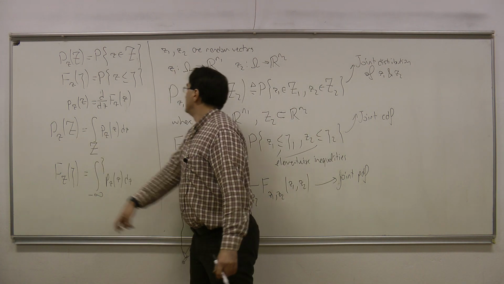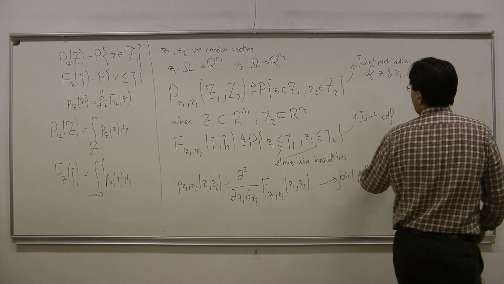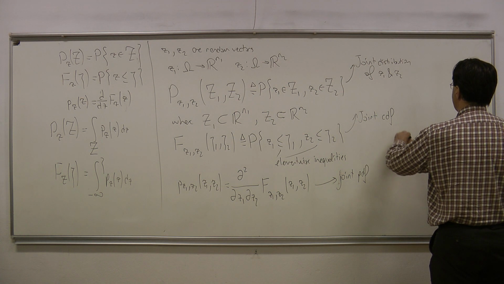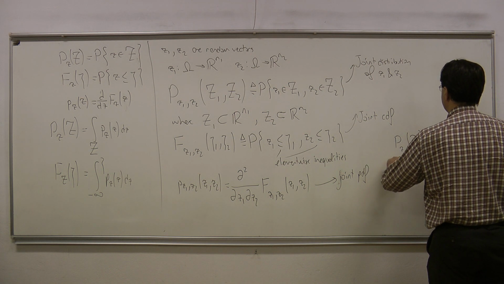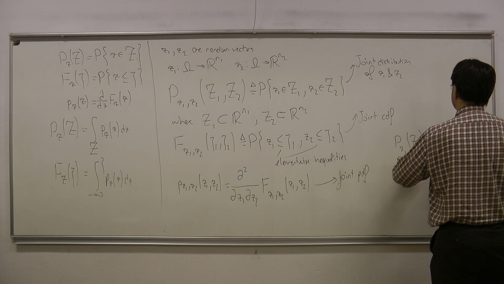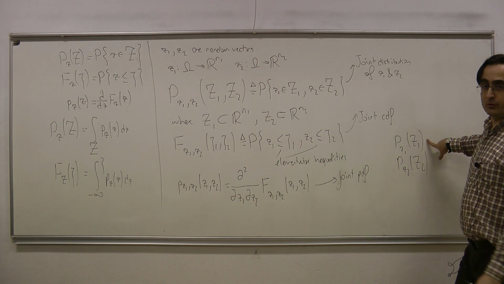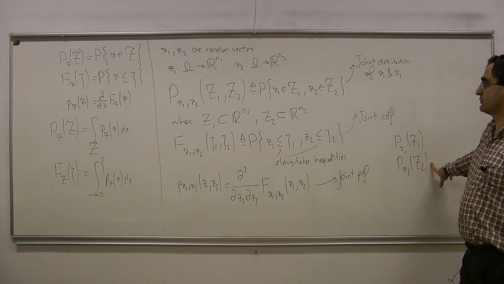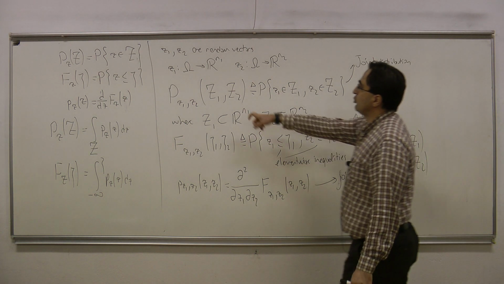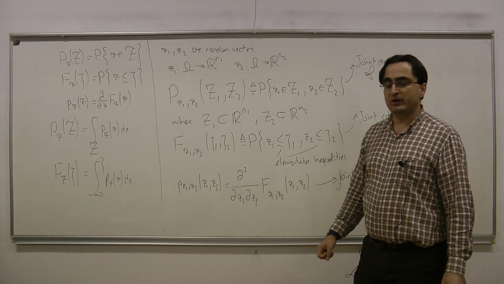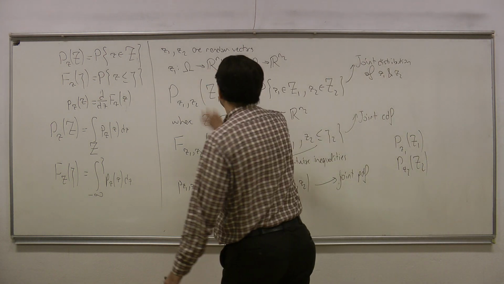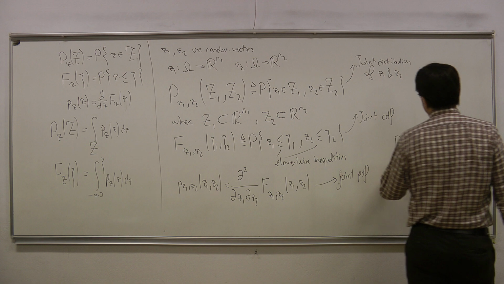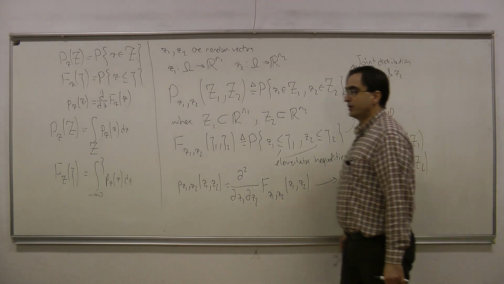So I can have P of Z1 and P of Z2. This is the marginal distribution function of Z1. This is the marginal distribution function of Z2. Knowing the joint distribution function of Z1 and Z2 is much stronger than knowing these individual distribution functions.